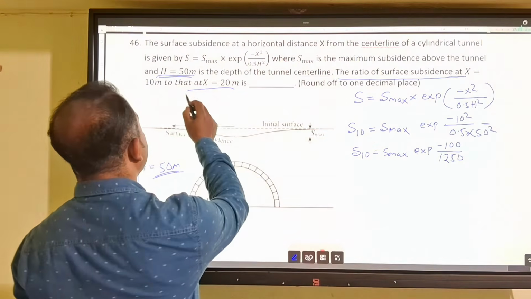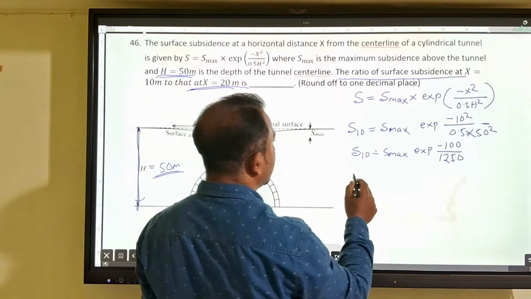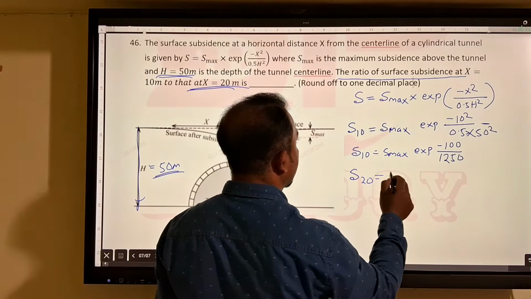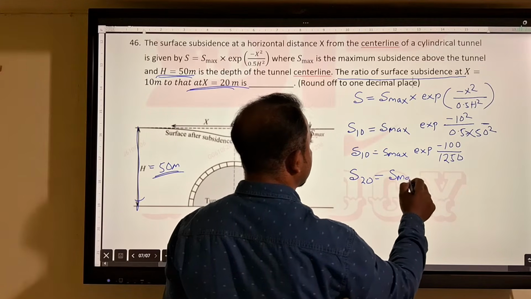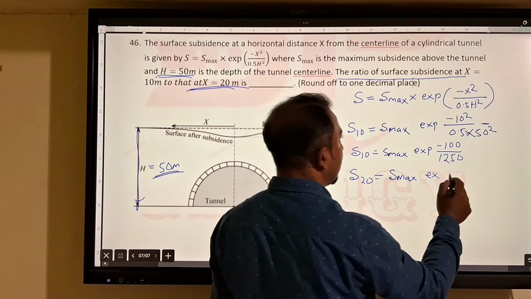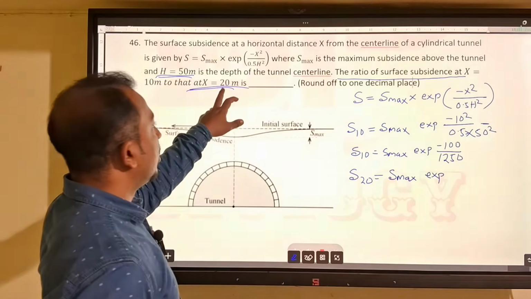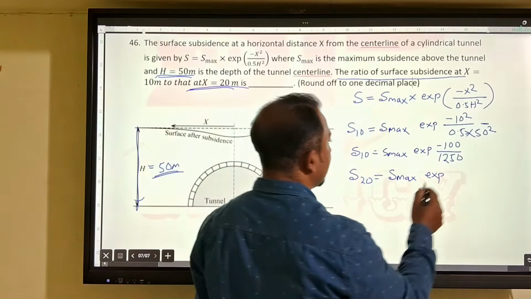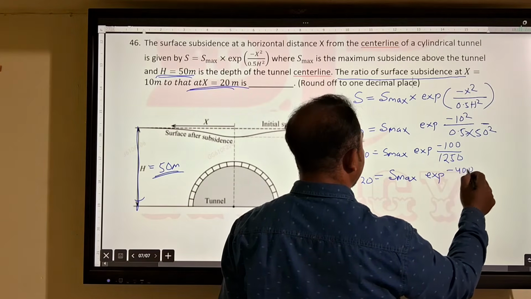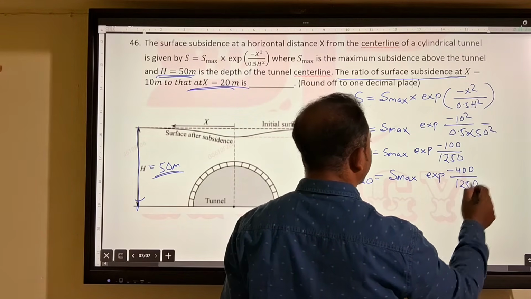Then we have to calculate at x equal to 20. So s20 will be s max into exponential of minus 20 square, because x is 20, so minus 400 divided by 1250.